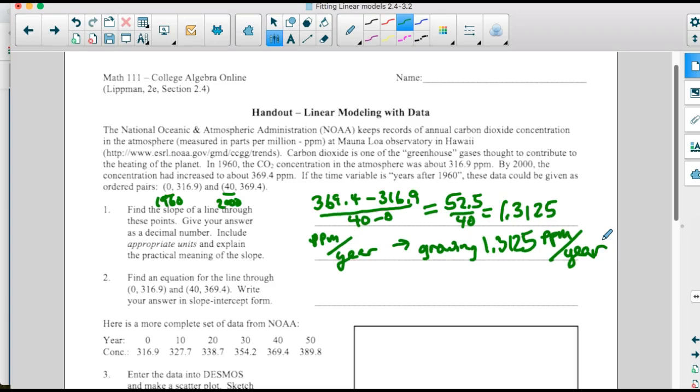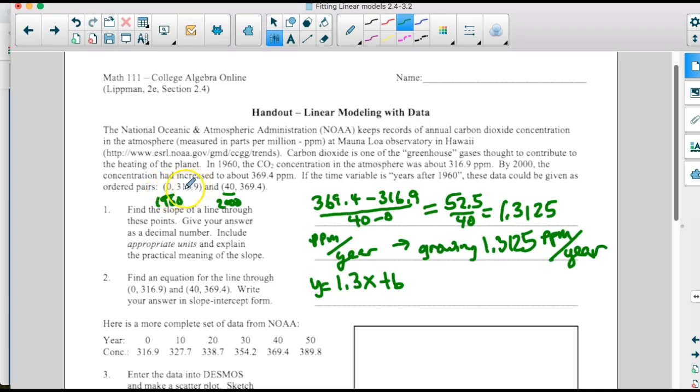Okay, now it says find an equation. So we're only going one decimal place here, so we're going to round this slope to one decimal place. So we have our equation, y equals 1.3x plus b. Now what's nice about this one is they gave us the y-intercept right here because it gave us 0.